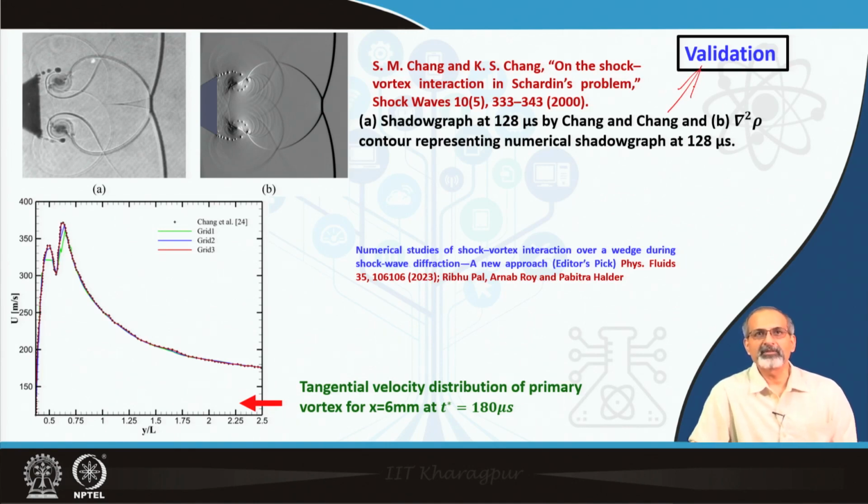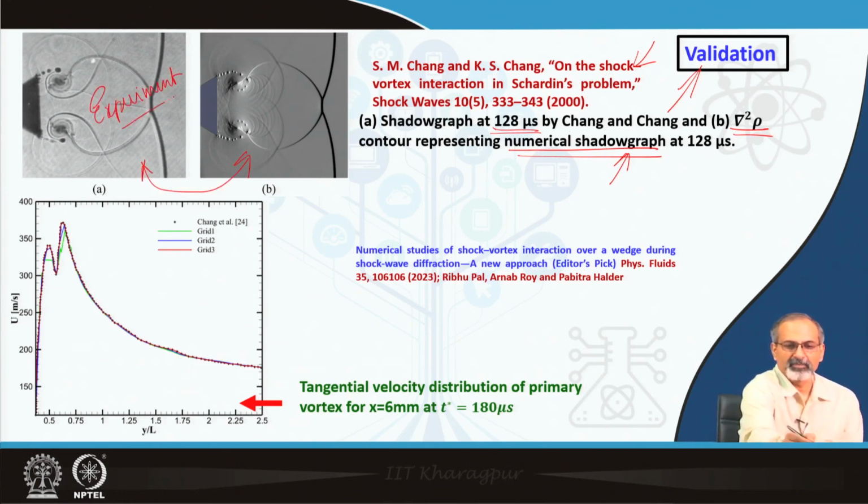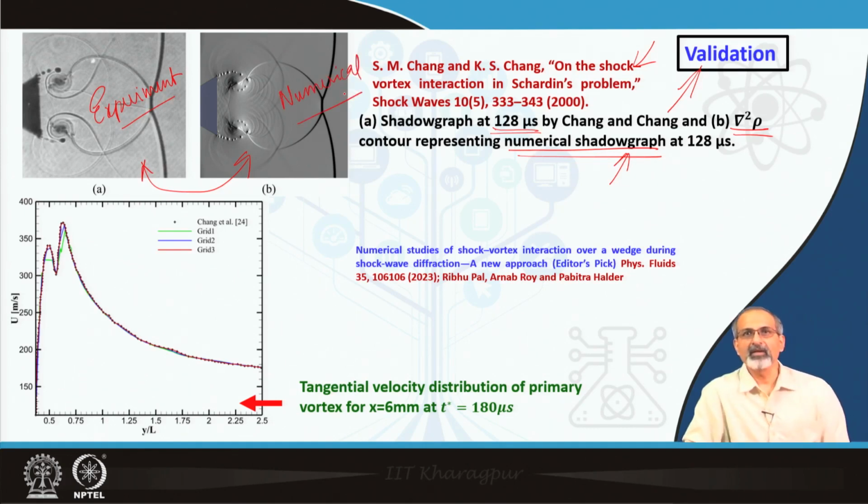So, for the validation purpose, we took up results from another paper where the shadowgraph of the flow at 128 microseconds from the beginning of the flow was reported by the authors, while we made a numerical shadowgraph by taking the Laplacian of the density and looking at it at about 128 microseconds from the beginning of the flow, and we could see a fairly good match between the experiment reported in the paper and the numerical result that our solver generated. Again, details are found in this paper which you can have a look at.